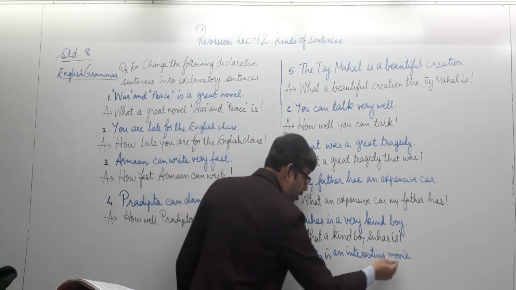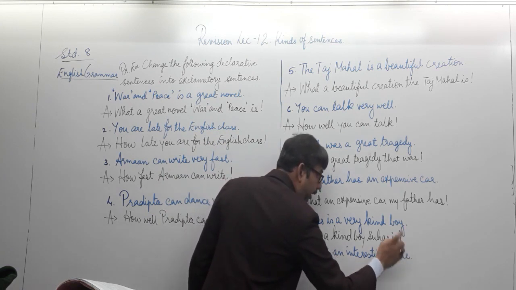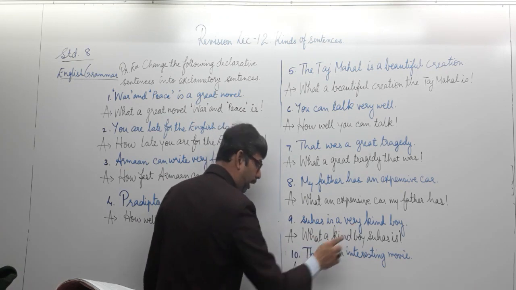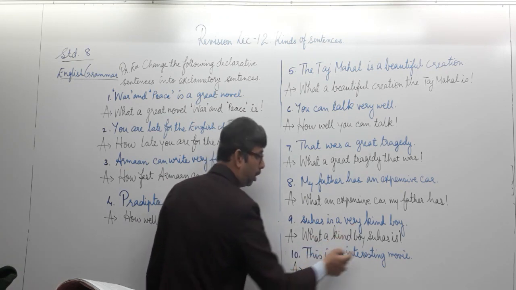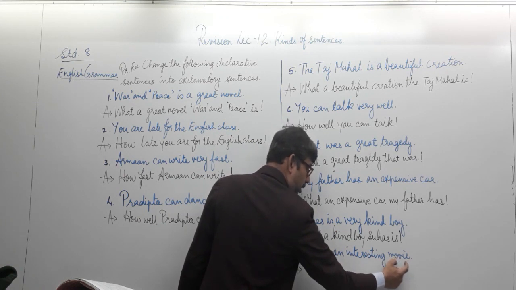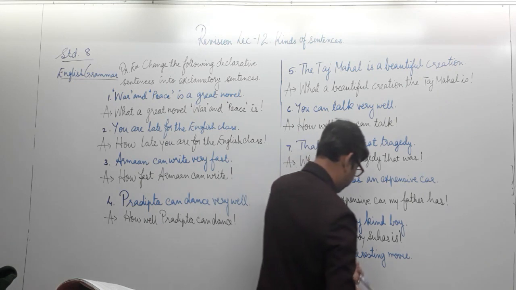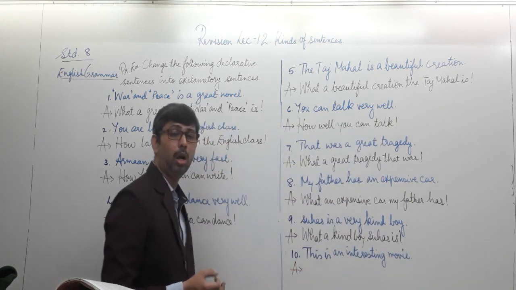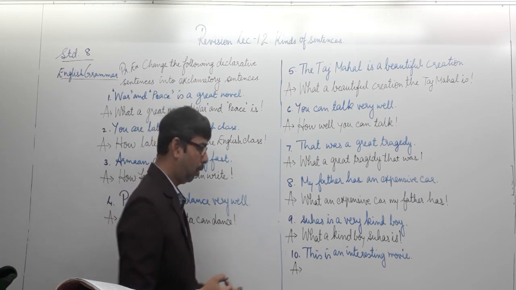We are concerned about the word movie in the object part, which is no doubt pointed out in the subject part over here, but we are talking about the movie, which is actually in the predicate part and it is an object. Hence, we are going to use the word what and not how.